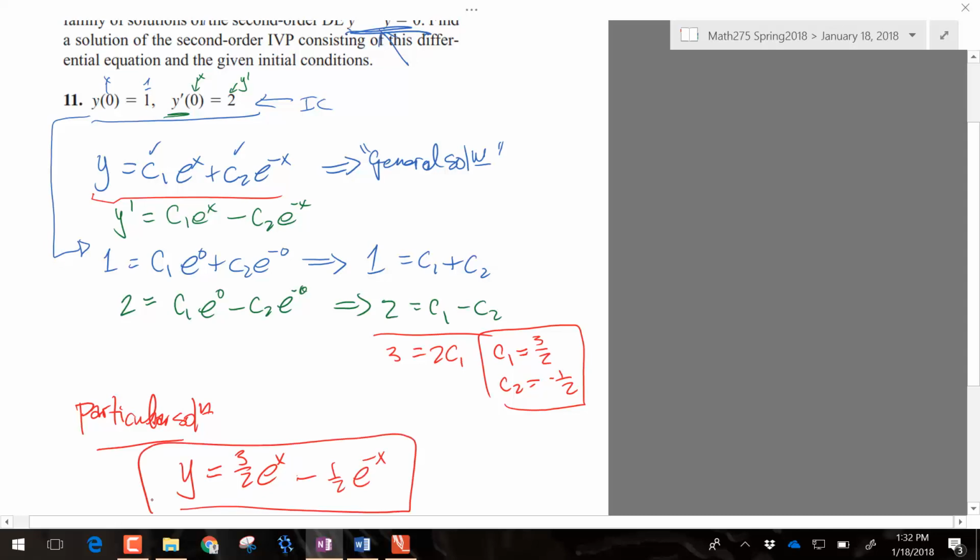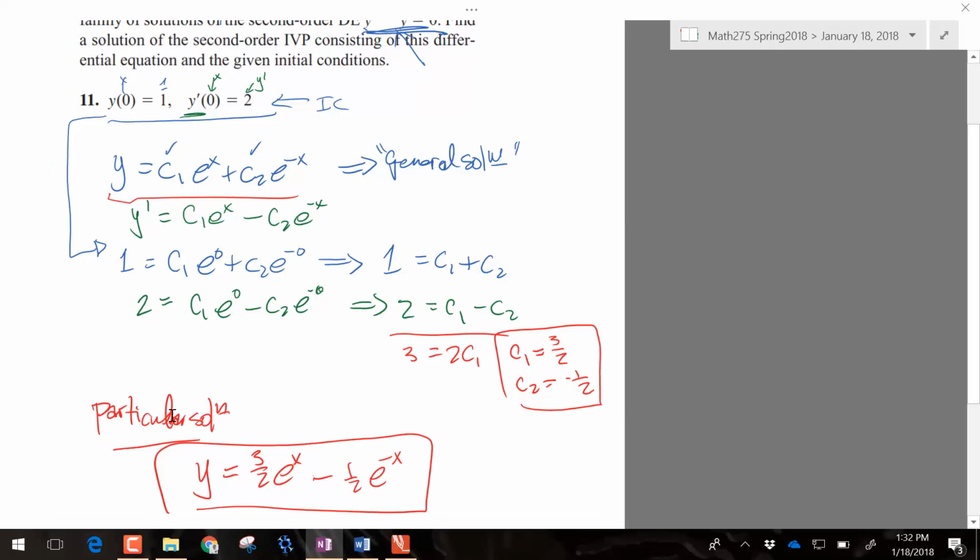So this is your one guaranteed unique solution for this initial value problem. Okay? You guys will eventually understand my handwriting, maybe mid-semester or so. It says particular, yeah?